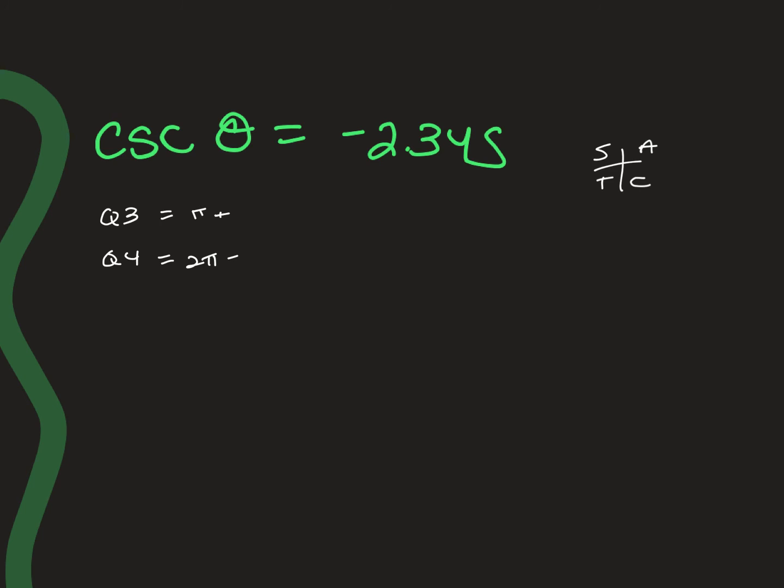So this is where you have to do sine inverse of 1 over negative 2.345. This is where you have to do the 1 over inside the parentheses, not with the sine.